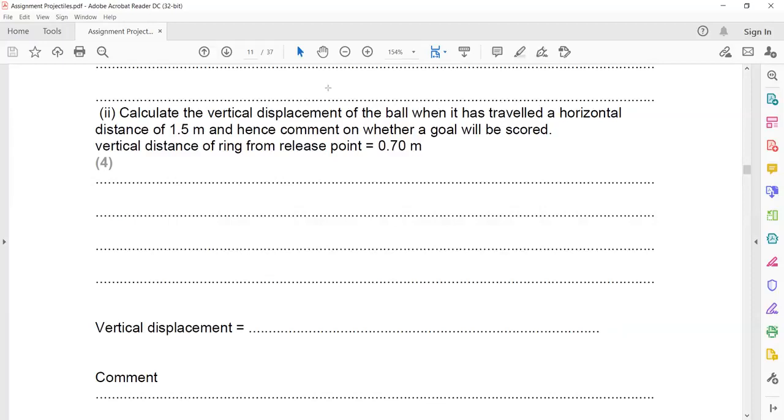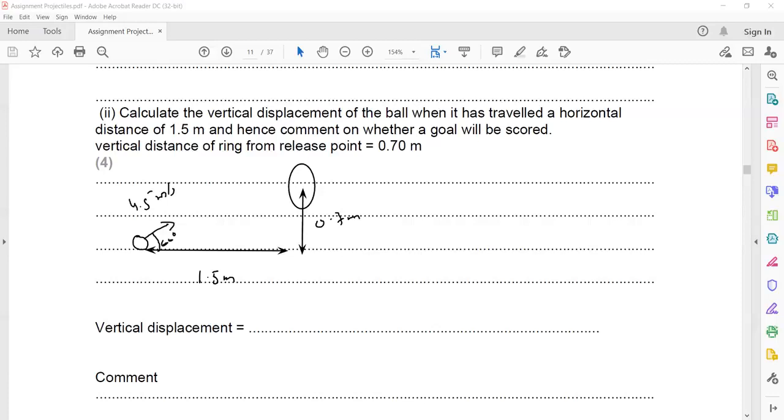So we have the horizontal distance, which is 1.5 meter, and the ring is there, and normally this distance is given from the center of the ring, that is 0.7 meter, and a ball is launched with the initial velocity of 4.5 meter per second, which was making an angle of 60.